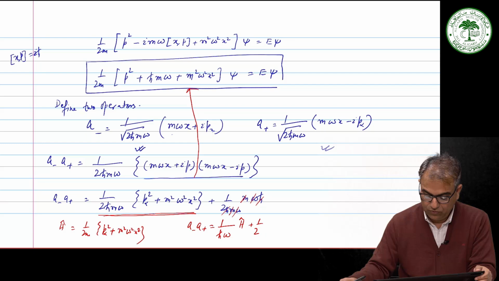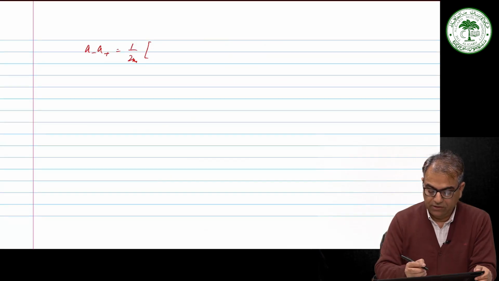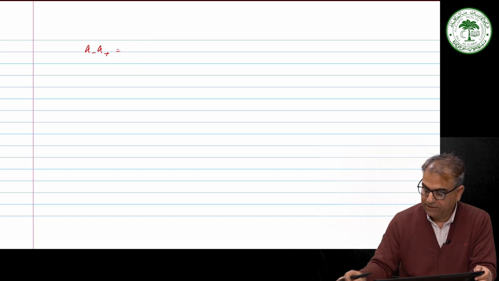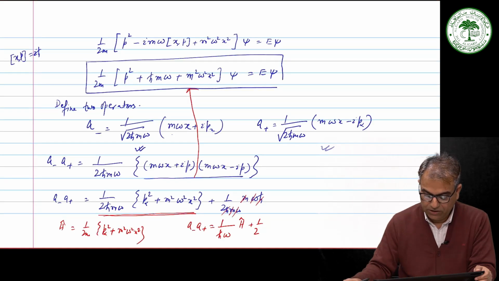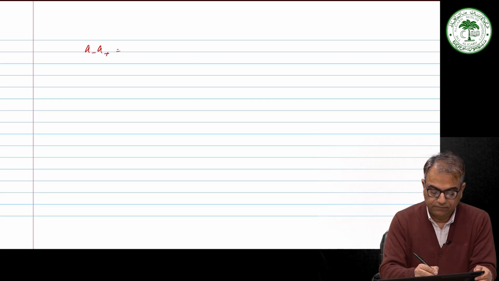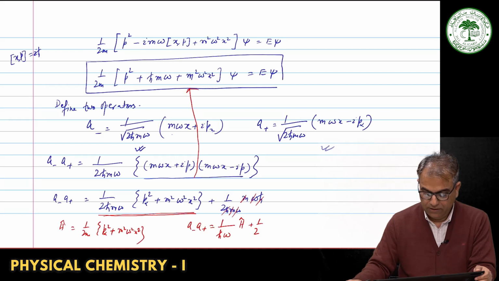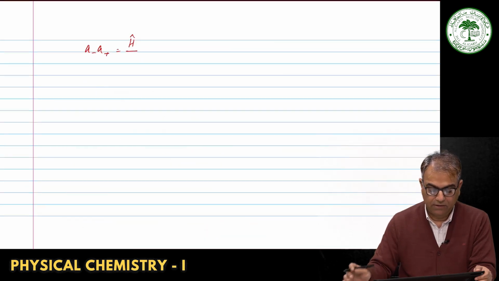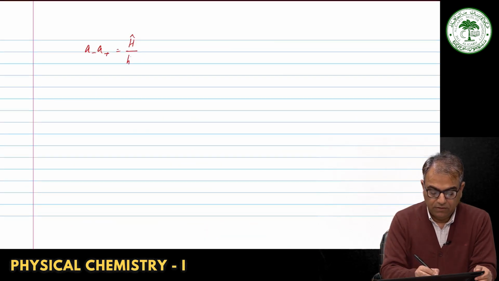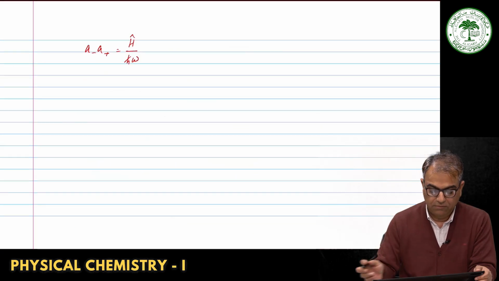1 by 2. We can now write A minus A plus is equal to H, Hamiltonian, divided by h cross omega, plus 1 by 2.